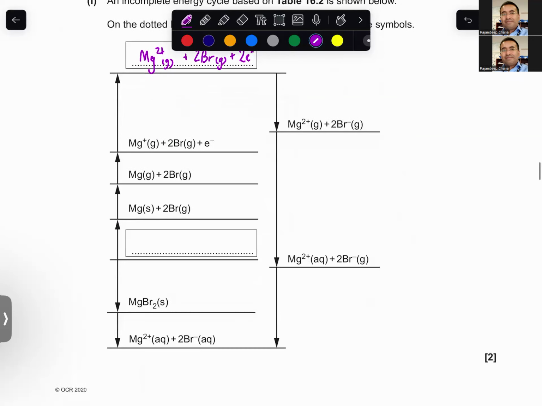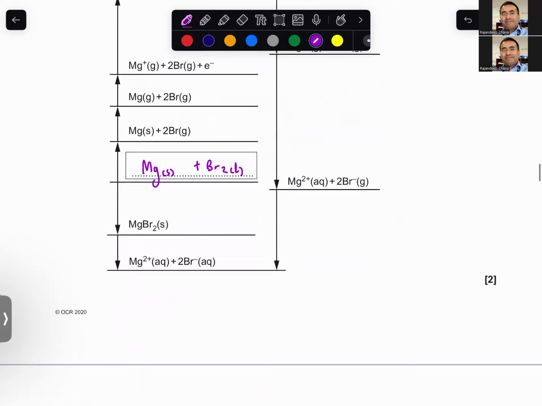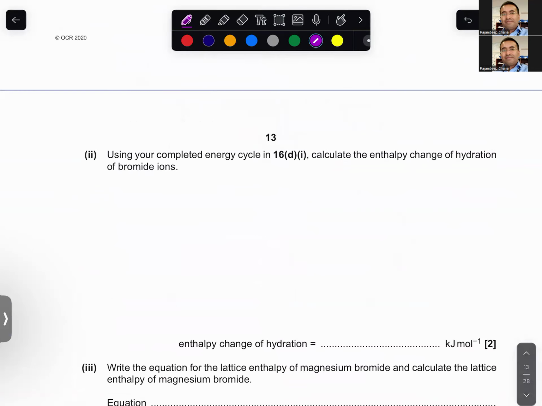And if you look here, MgBr2 is formed here. It must be formed from its elements in their standard state. And from here to there is the atomization of bromine. Bromine at those over here.